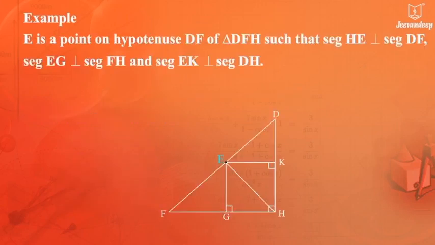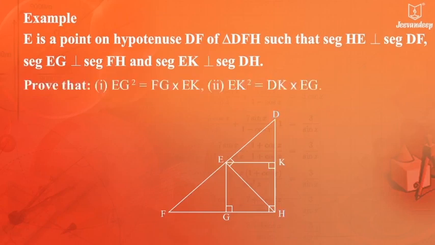Example: E is a point on hypotenuse DF of triangle DFH, such that segment HE is perpendicular to segment DF. Segment EG is perpendicular to segment FH, and segment EK is perpendicular to segment DH.